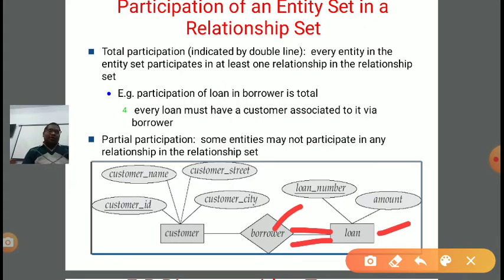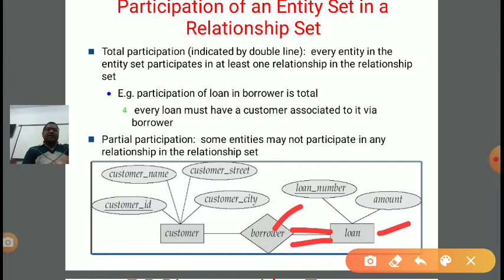relationship set borrower. Example, participation of loan in borrower is total. In this example, participation of the loan entity set is total in this borrower relation. Means every loan must have a customer associated to it via borrower, right?